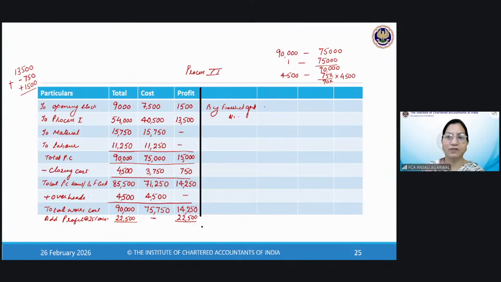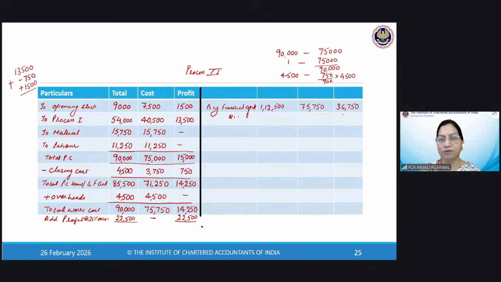So the transfer to finished stock account will be 1,12,500, which has a cost of 75,750, and the profit included in this is 14,250 plus 22,500, 36,750.